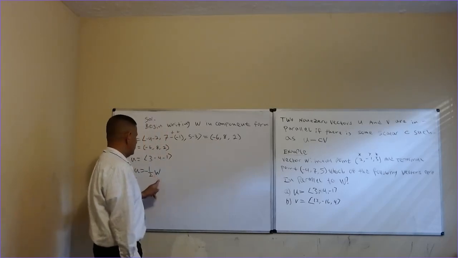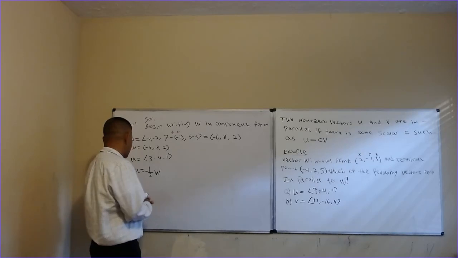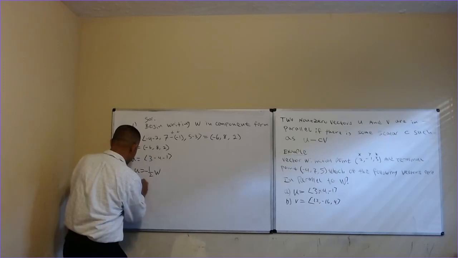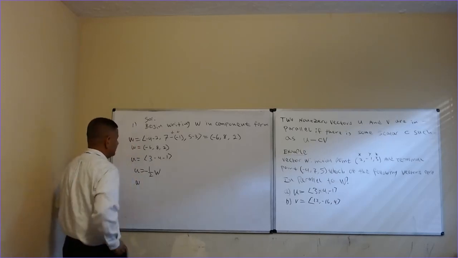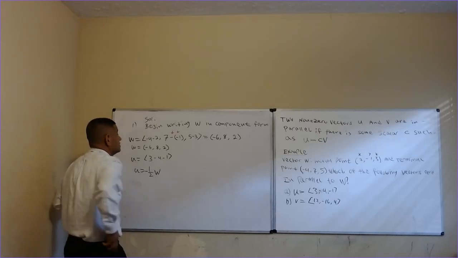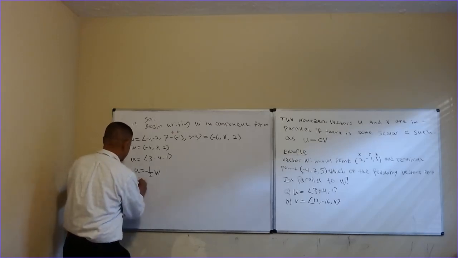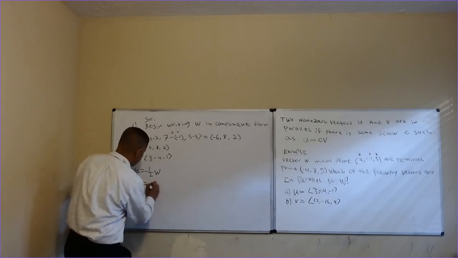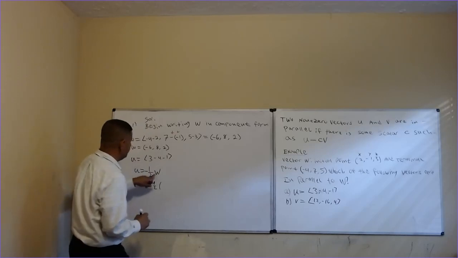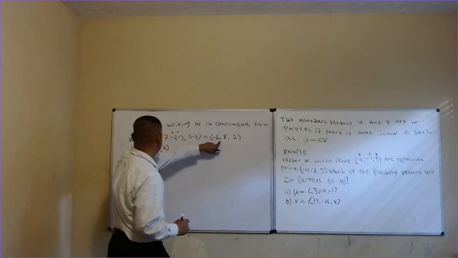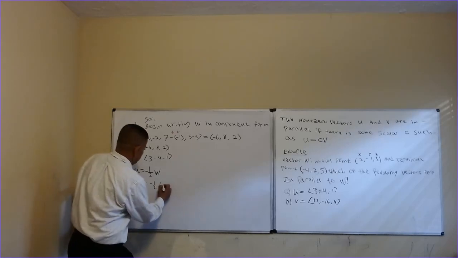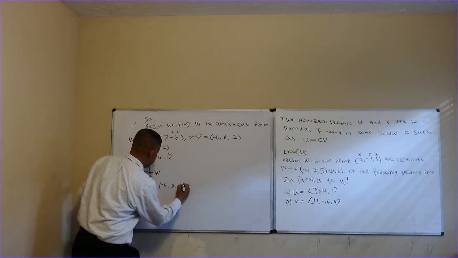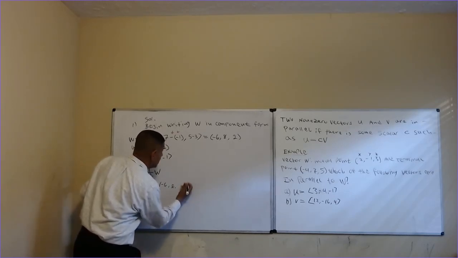Now, why? Okay, let's just do it so you guys see it. So U equals negative half, and I replace in W this one by this one, because that is W. Now 6, 8, and negative 2, right?